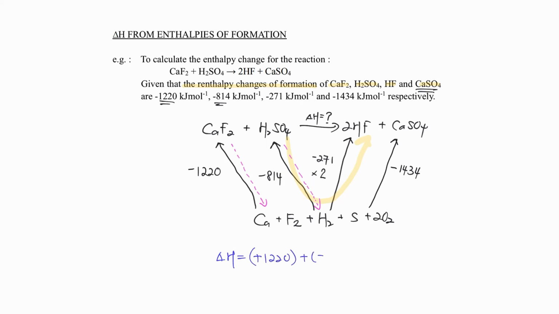Then next, we will have positive 814 for the second arrow, followed by the rest too, where we have negative 271 times 2, and last one to go, negative 1434. With this calculation, we could get positive 58 kilojoules per mole as the answer.